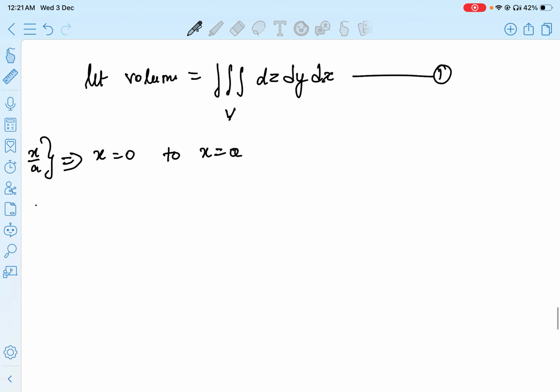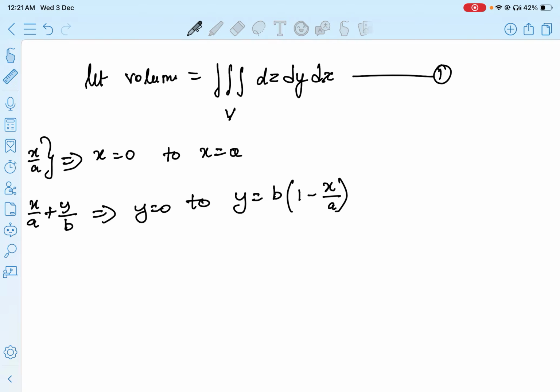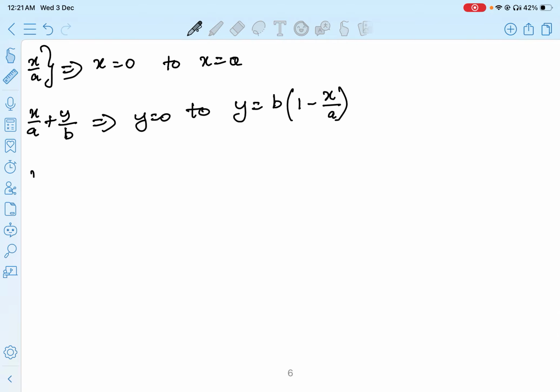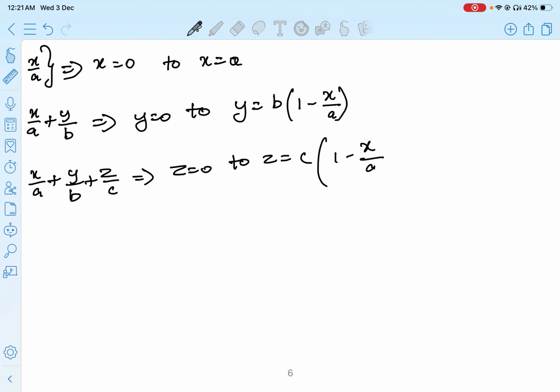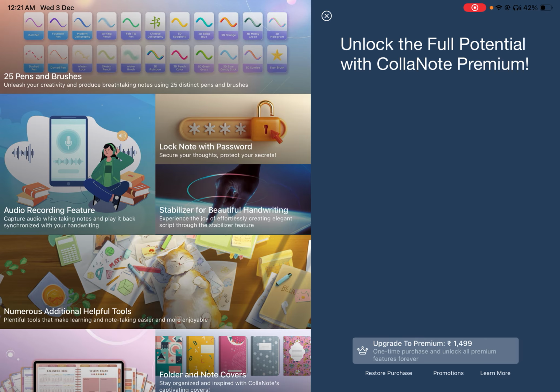Next one, x by a plus y by b, so y is from 0 to b into 1 minus x by a. And the next one, z is from 0 to c into 1 minus x by a minus y by b. That's all. Now we have got all the limits, so we can go for the problem.